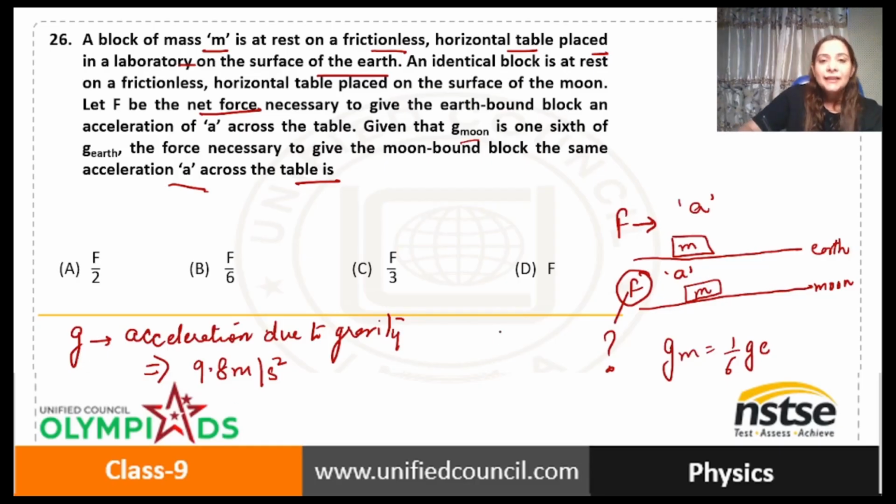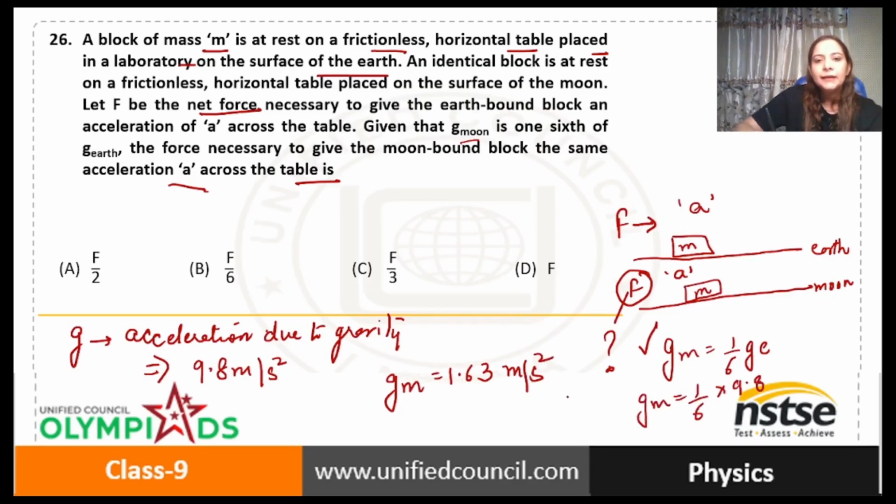Same way, if we talk about the moon, it is seen that small g of moon is equal to 1/6 of g of earth. Means the value of g on the moon is approximately 1.63 meter per second square. If you solve like this, you will find that it is equal to 1.63 meter per second square.